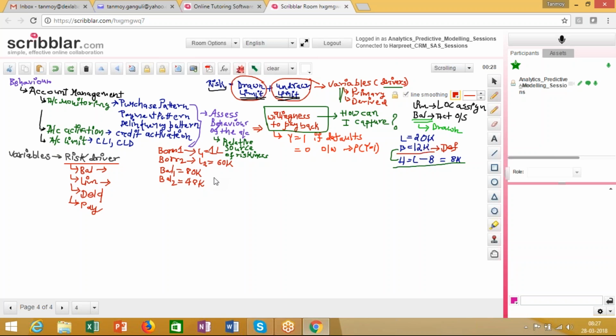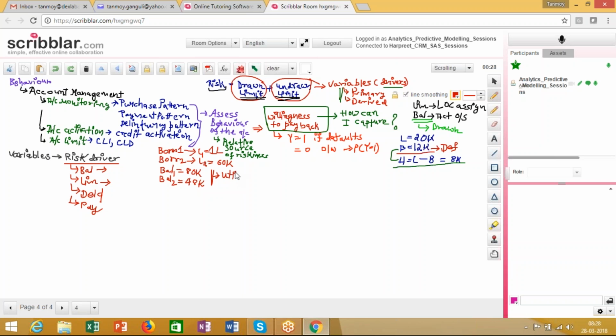Now, by looking into the utilization, can I say that borrower one is more risky than borrower two? Perhaps by looking into the figures, I might conclude that borrower one is more risky because he's spending more. But to analyze the behavior, what we use is a derived variable called utilization.